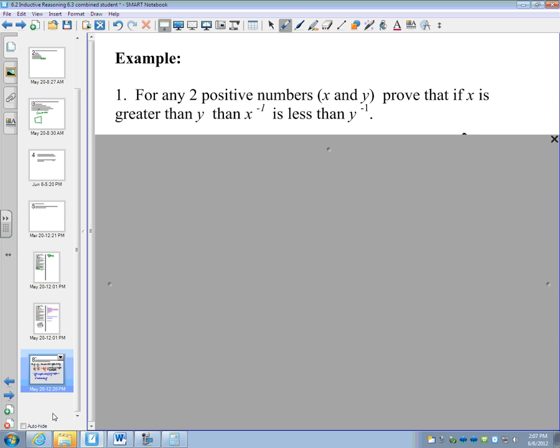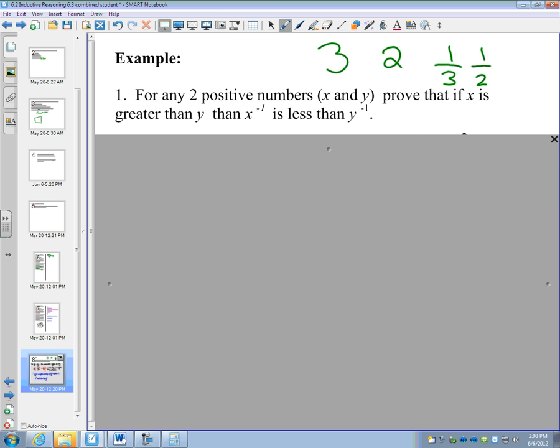Here's another. Deductive reasoning is used a lot in proofs. For any two positive numbers, x and y, prove that if x is greater than y, then x to the minus 1 is less than y to the minus 1. What I'm saying is that if x is 3 and y is 2, then 1/3 is less than 1/2.